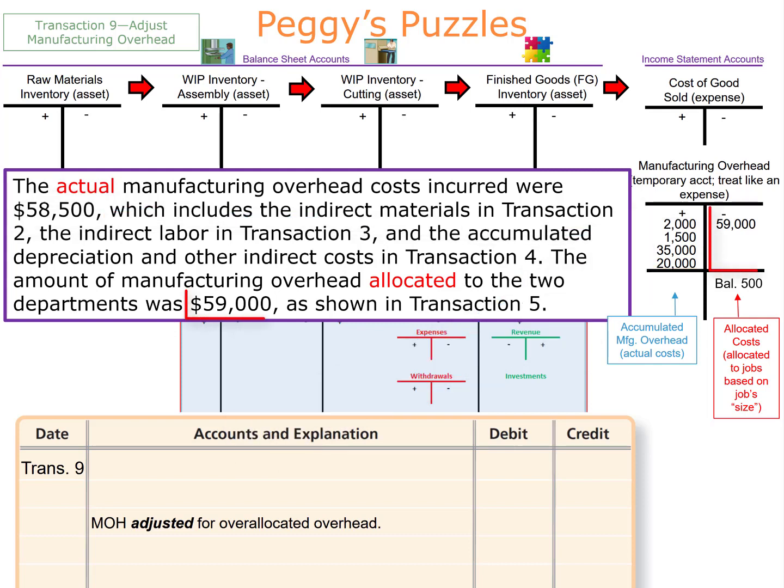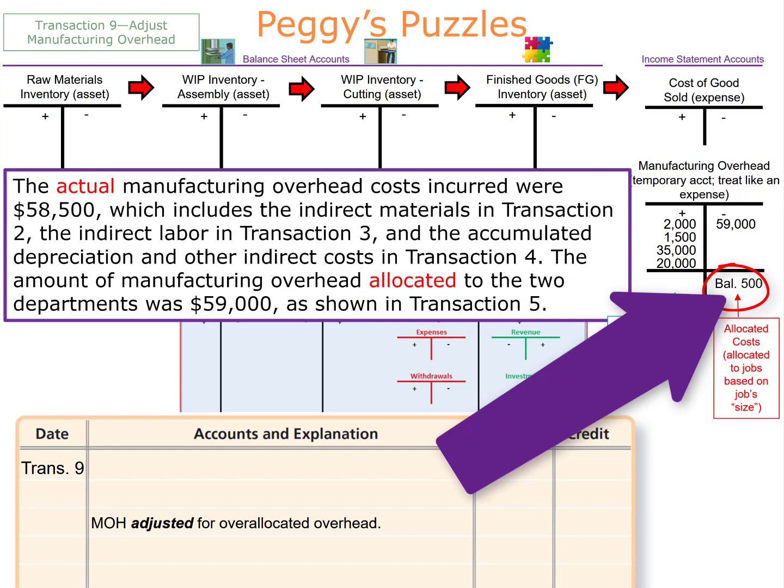The amount of manufacturing overhead allocated to the two departments was $59,000, as shown in transaction 5. This is the long way of saying that the manufacturing overhead account has a $500 credit balance. Because it has a credit balance, this means we over-allocated our costs. In other words, we over-costed our puzzles.